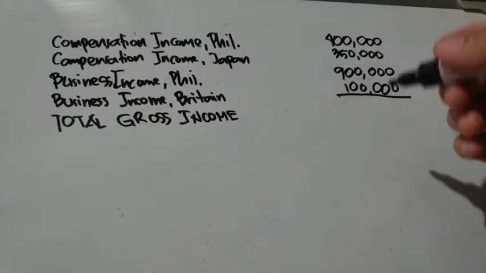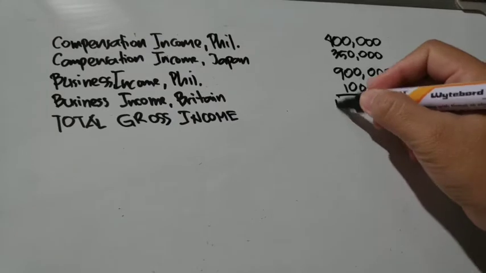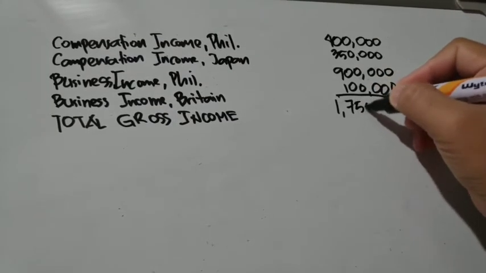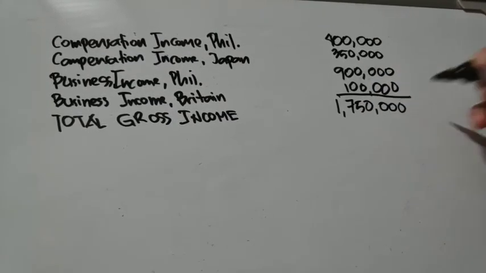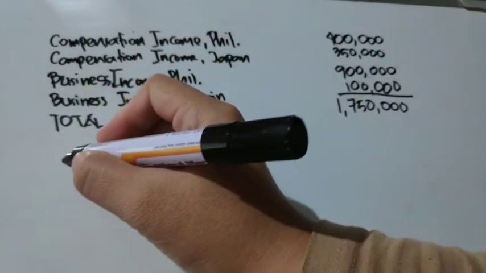Okay, so the total gross income is 1,750,000. Next, the same with the statement of comprehensive income, ililess mo yung business expenses.